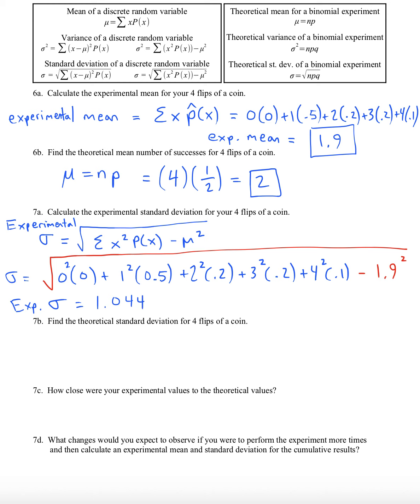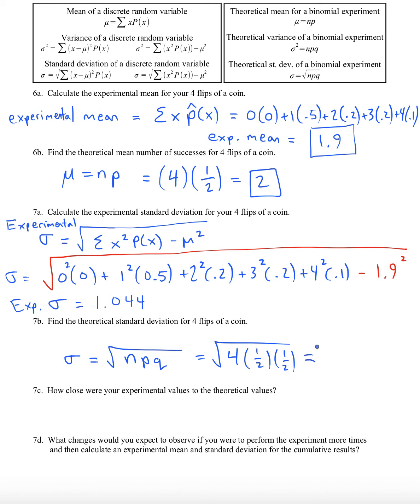Okay. Now let's find the theoretical standard deviation using its formula. That's on the right here. It is sigma equals the square root of n times p times q. That's for binomial experiments. Our n is 4, our p is a half, and our q is a half.